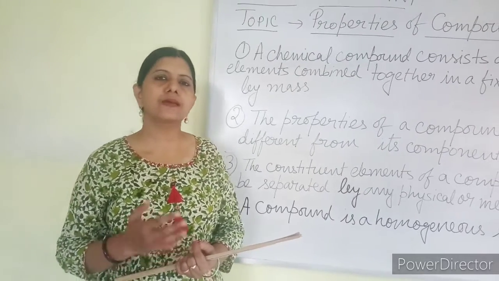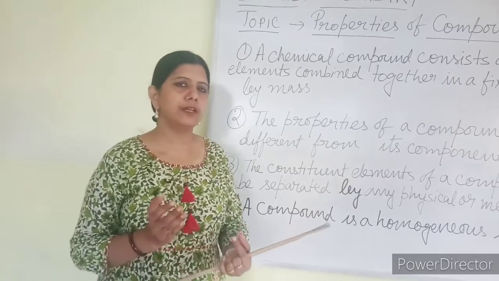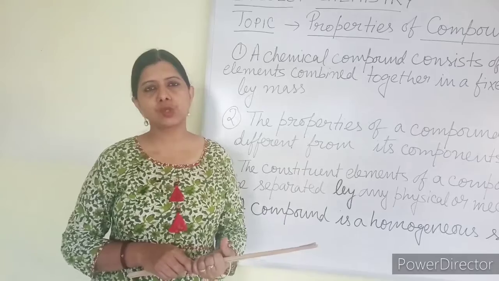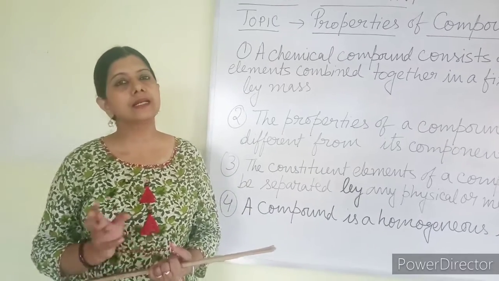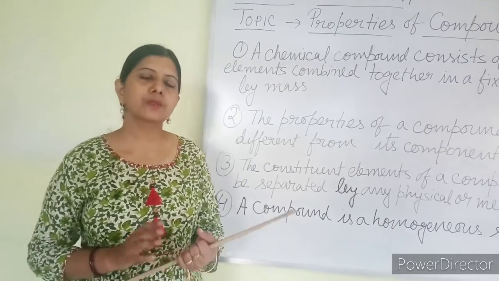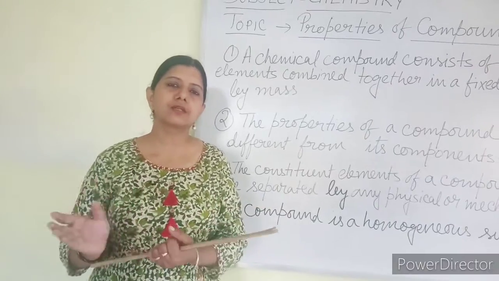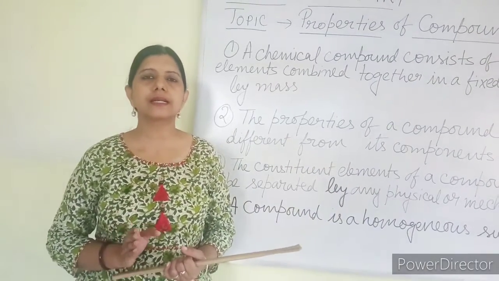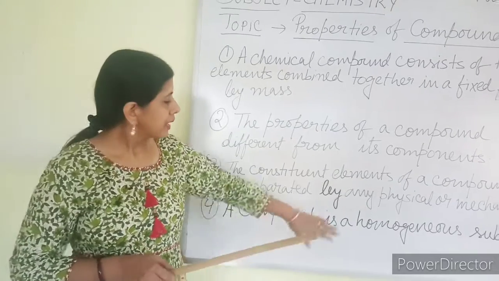In separation, various processes are there: boiling, evaporation, hand picking, filtration, centrifugation. These things you have learned in class 7 only. That is the process of separating the constituents of a mixture. And all these processes are considered as physical processes.